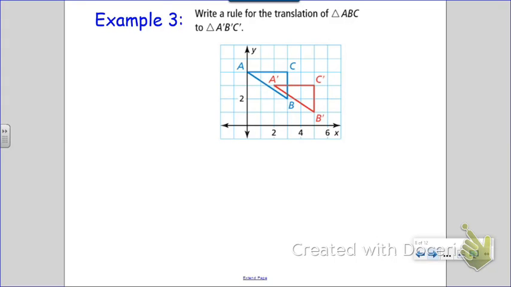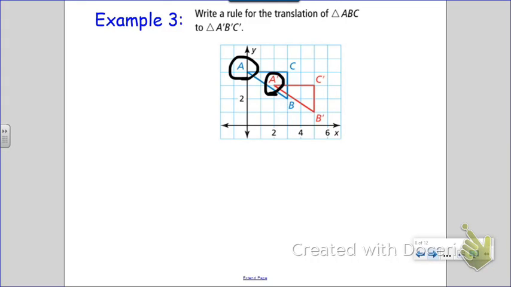This one's asking us in the next example to write a rule for the translation from the original triangle to the image. We always know which one is the image because that one again has what's called the prime, A prime, B prime, C prime. So we're going from, pick a point, A to A prime. And look at how far we're going to translate it. So we're going to go horizontal first.